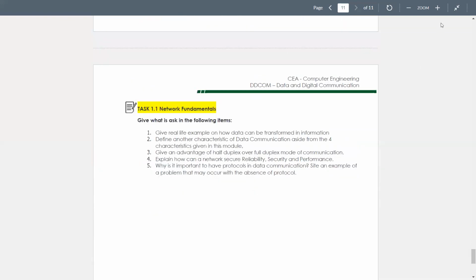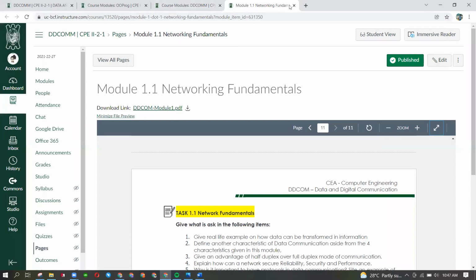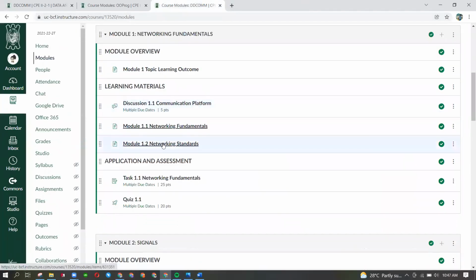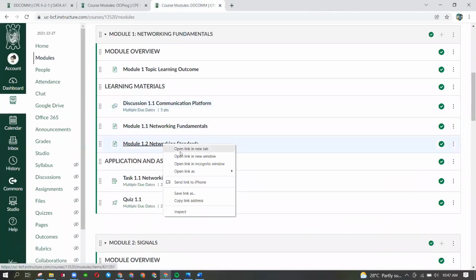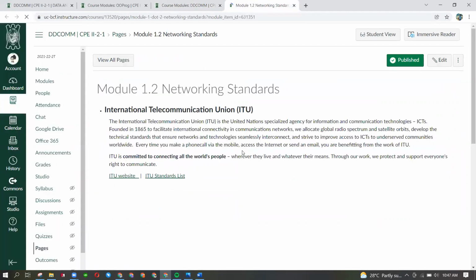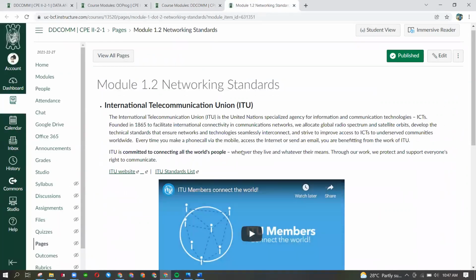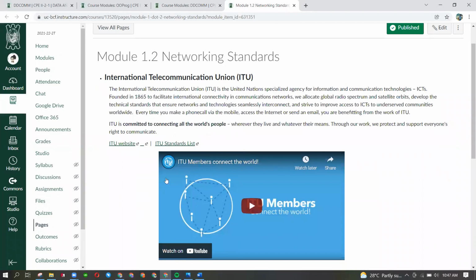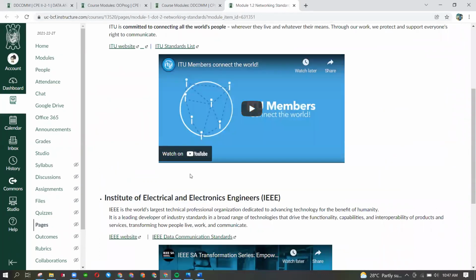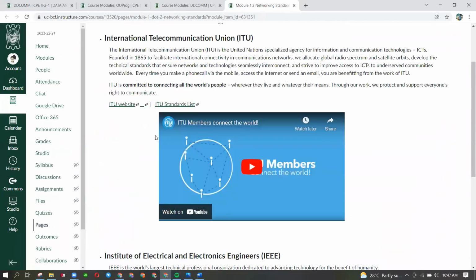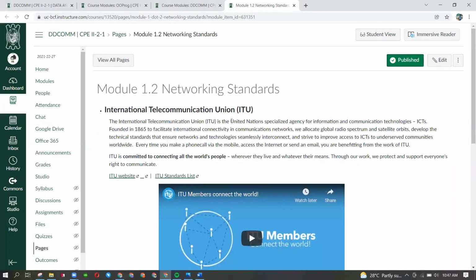So actually that's it. This is very simple. Module 1 is just an introduction and then the networking standards. Your goal here is just to understand what these organizations are trying to maintain. What are the goals of this?